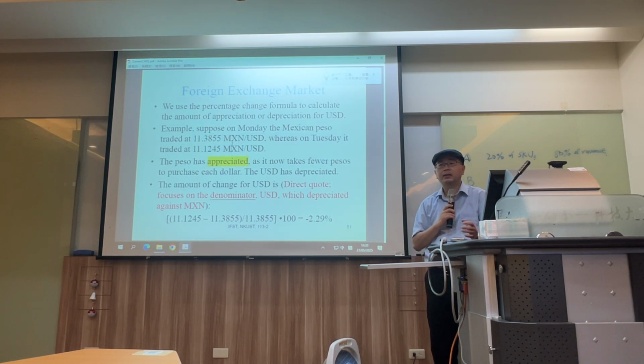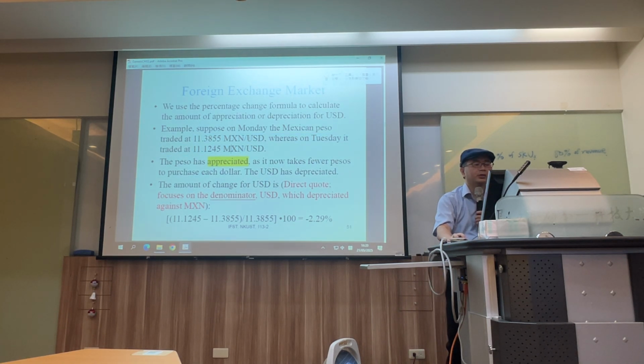And the reason being that when you use the USD as the basis, 1 unit of USD was converted to 11.38 Mexican pesos, right? Now the next day it converted into fewer units of the Mexican peso, right?